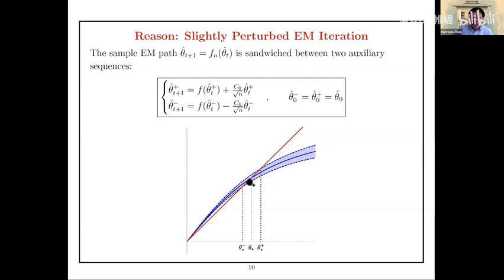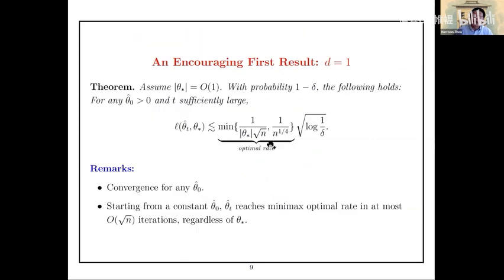We sandwich the sample version by an upper envelope and a lower envelope. For both the upper and lower envelope, you see that there is only one fixed point. The fixed point of the upper envelope gives us an upper bound. The fixed point of the lower envelope gives us the lower bound. And the difference between the upper and the lower bounds gives us the optimal rate here.